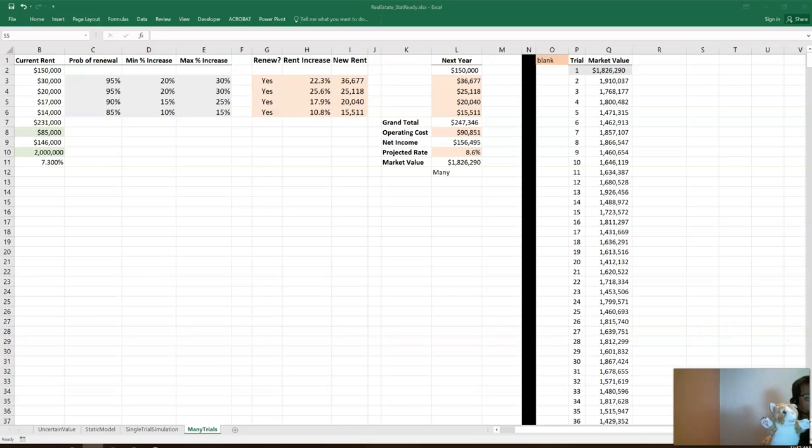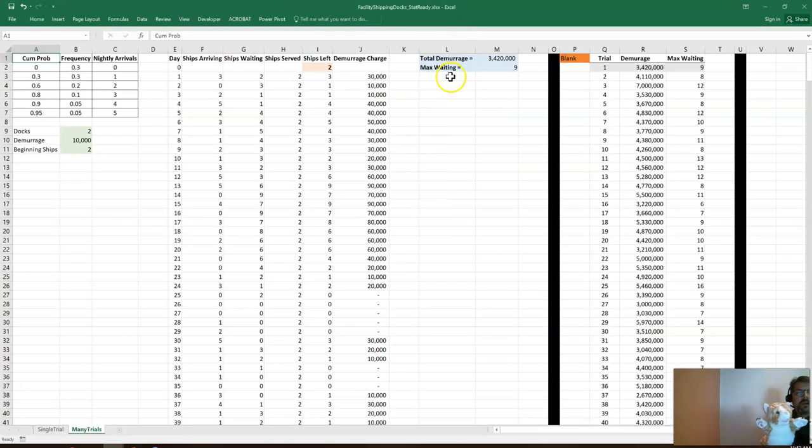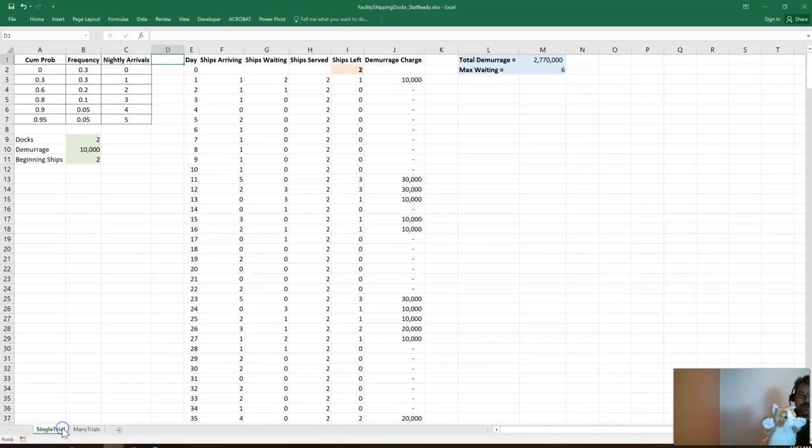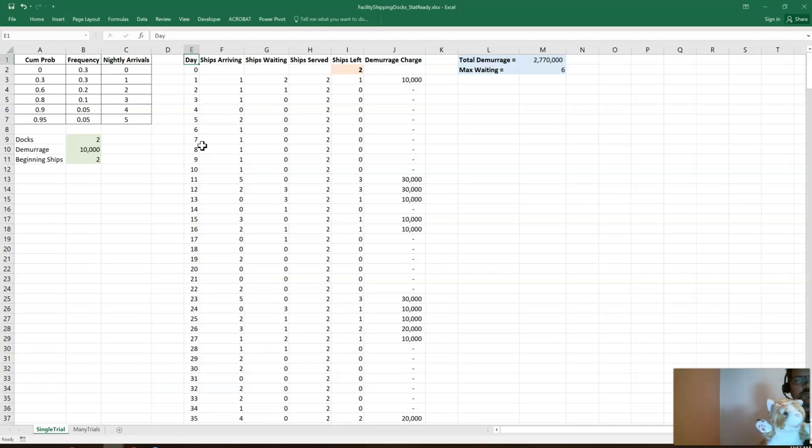Then we went to the facility shipping docks problem. And this one was kind of cool because the single trial model actually has a whole bunch of simulation, and I like that. Well, I see why you would like that, Stat, but that actually does make the problem a little harder to distinguish what's the unit of your single simulation.